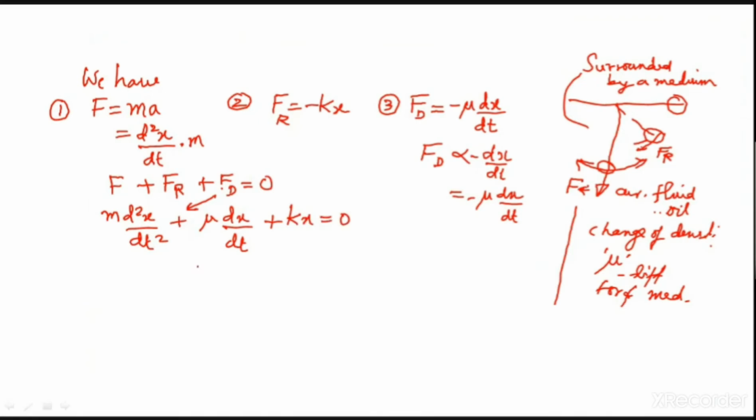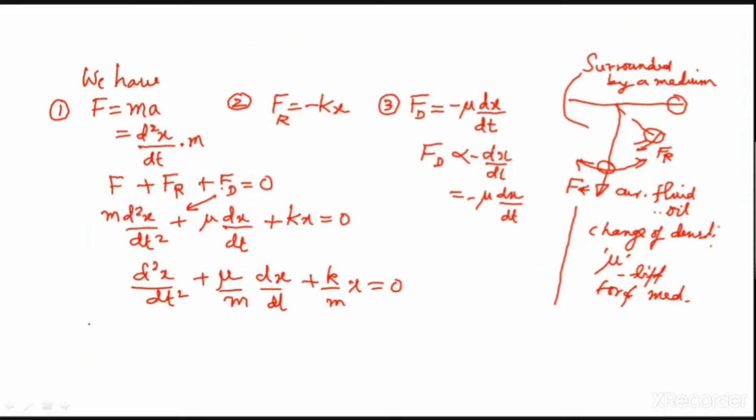It can be rewritten as d²x/dt² plus mu by m dx/dt plus k by m into x equal to 0.